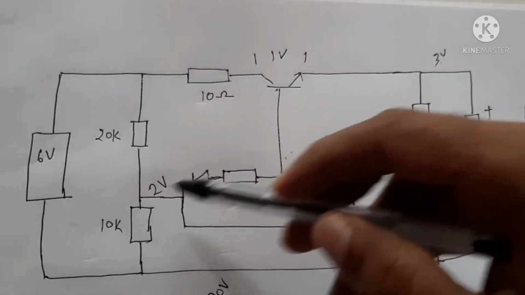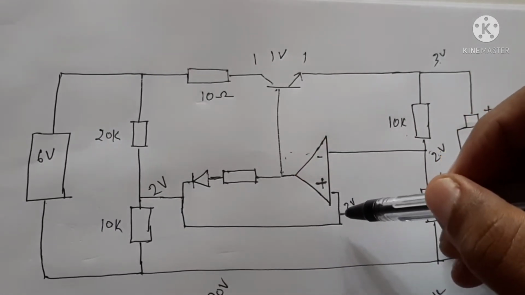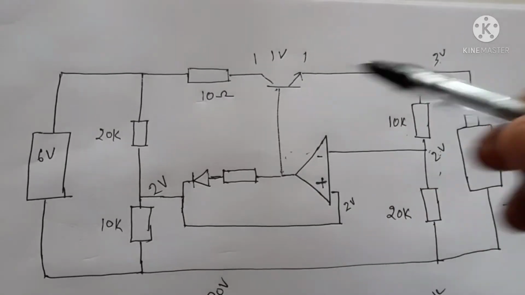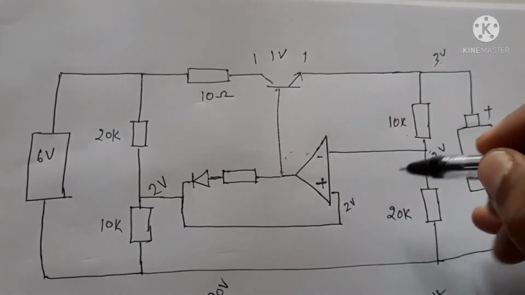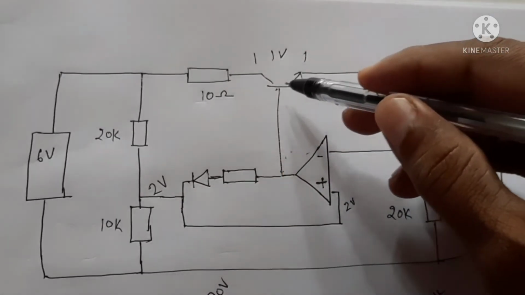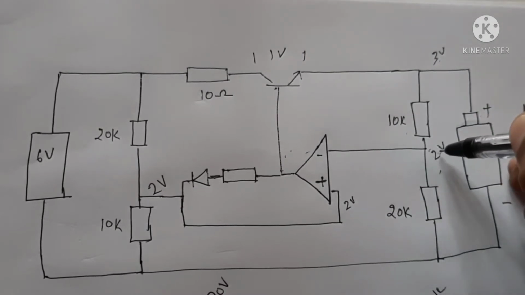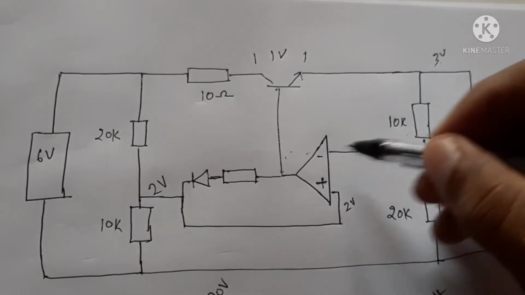And if we are not putting this resistor and giving a feedback like this, when the battery voltage falls below 3 volts, the transistor will be on. Again the battery will be charged, and the voltage increases to more than 3 volt.